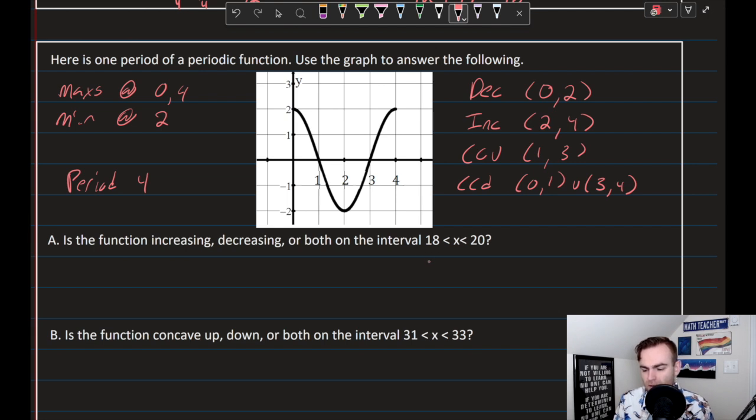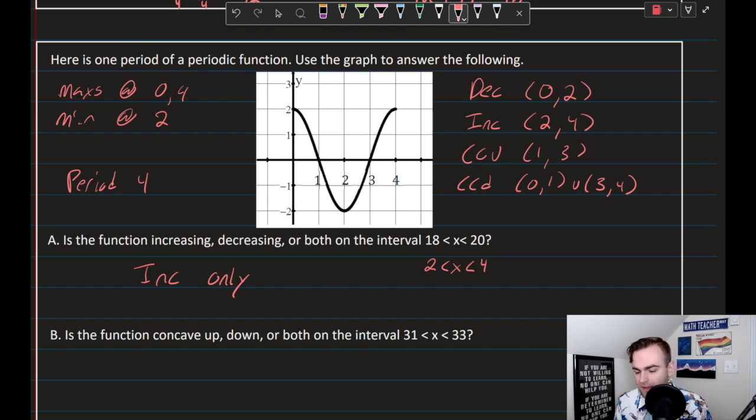So I would have a remainder of 2. And then this is just 2 larger. So this is asking me exactly the same question of what's happening from 2 to 4. Is the function increasing, decreasing, or both? From 2 to 4, it is increasing only.